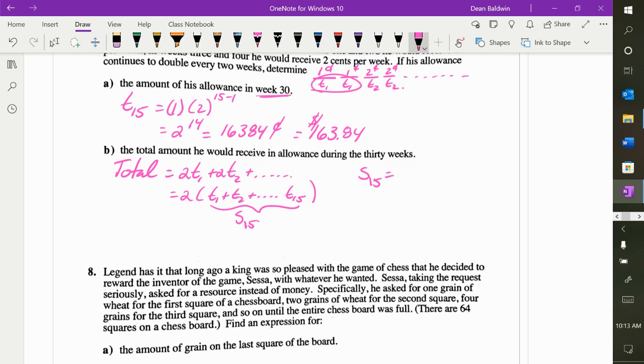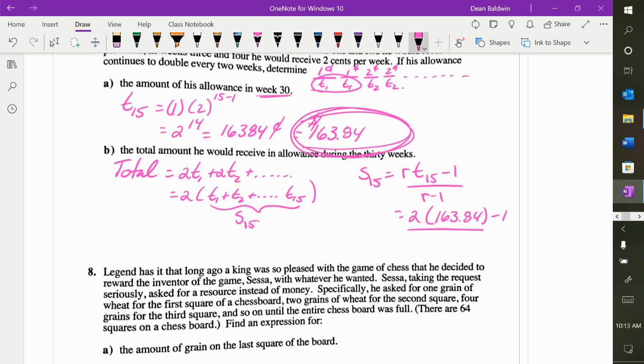We know the last term, so we're going to use R times T15 minus 1 over R minus 1. R value is 2. T15 is what we calculated in the first one, minus 1, over 2 minus 1.